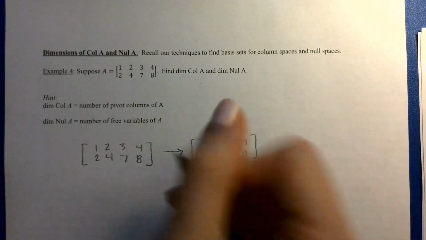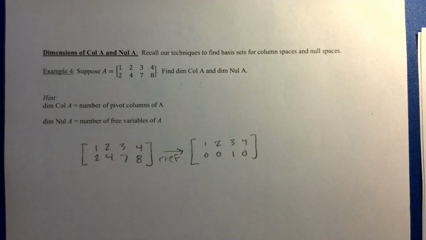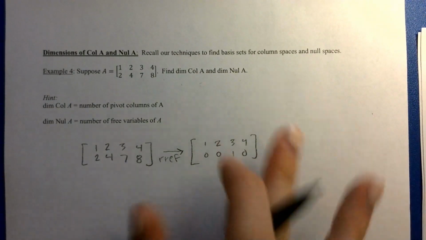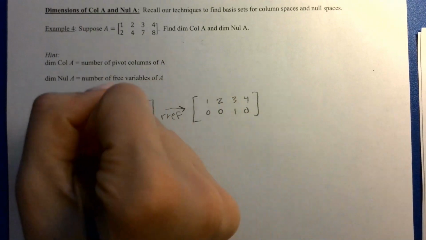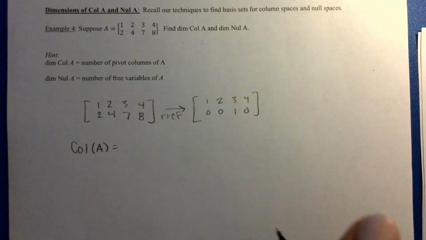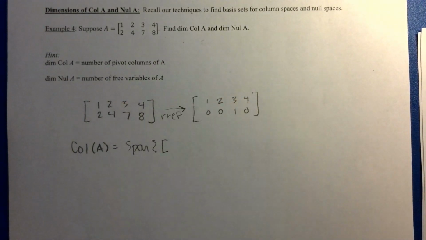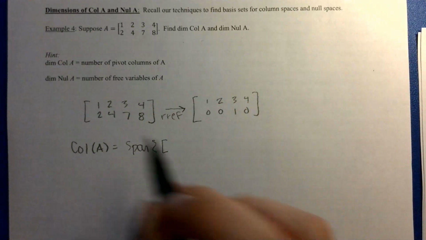Okay, so here's my row reduced matrix. All right. So for column space of A, maybe I'll just go ahead and practice writing it out. The column space of A is the span of the linearly independent vectors from the original.